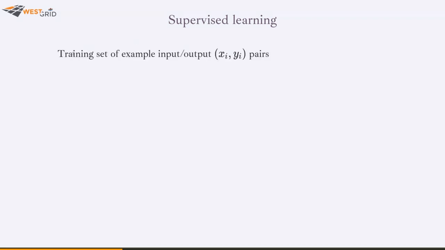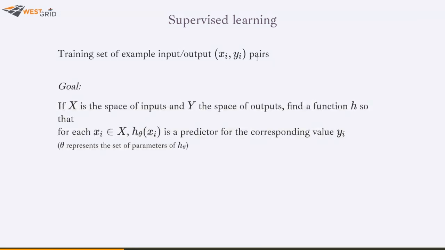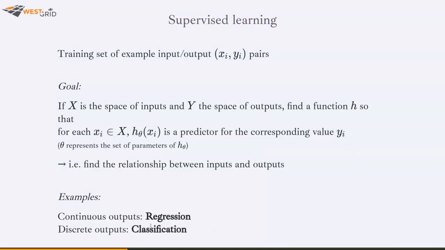There are many types of learning, but the only two I will mention briefly are supervised learning, in which you have a training set of examples, so you have pairs of inputs and outputs, and these pairs are used to find the relationship between inputs and outputs. The classic example that you've used many times without ever thinking of it as a form of machine learning is regression.